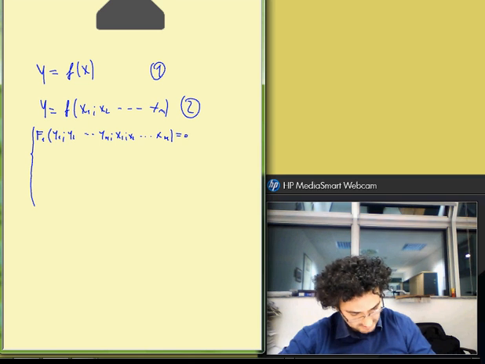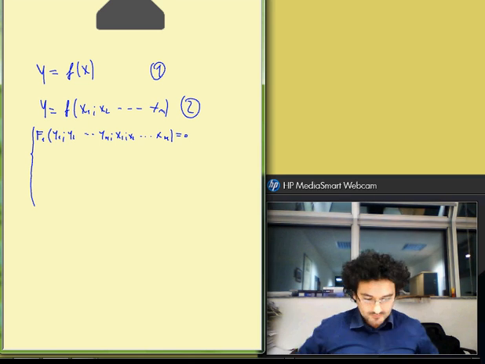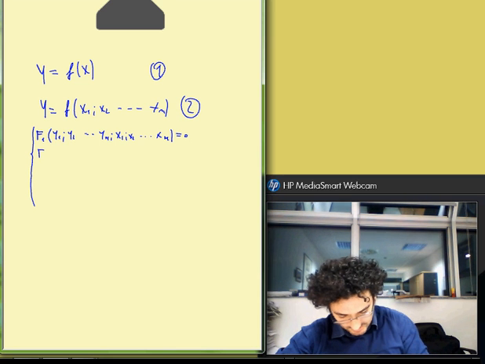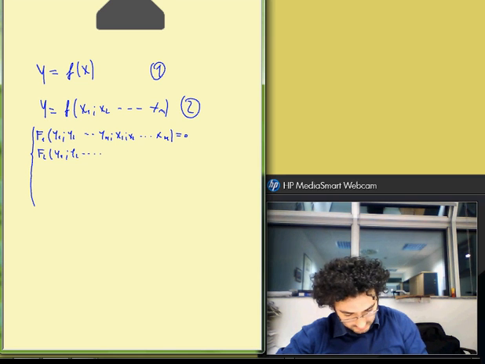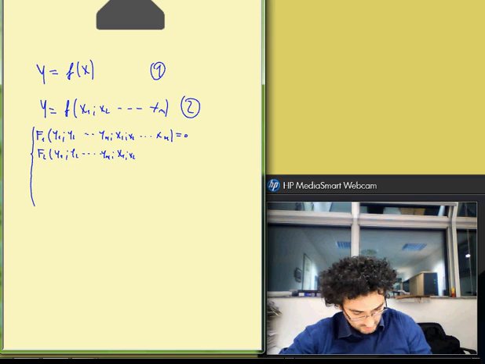This is equal to 0. This is the first equation of our implicit model. Then we have a second equation, f2, of y1, y2 until yn, and again x1, x2 till xm, equal to 0.